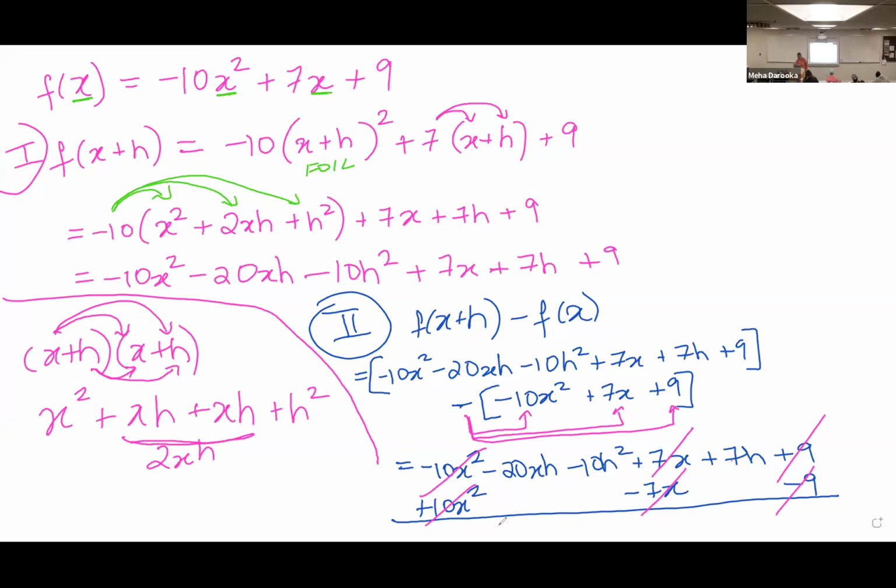So you will see we are now left with -20xh minus 10h squared plus 7h. Each of these terms has an h on it, which is good because our third step is dividing by h, right? So you can see each of those terms will use an h. This was step 2.